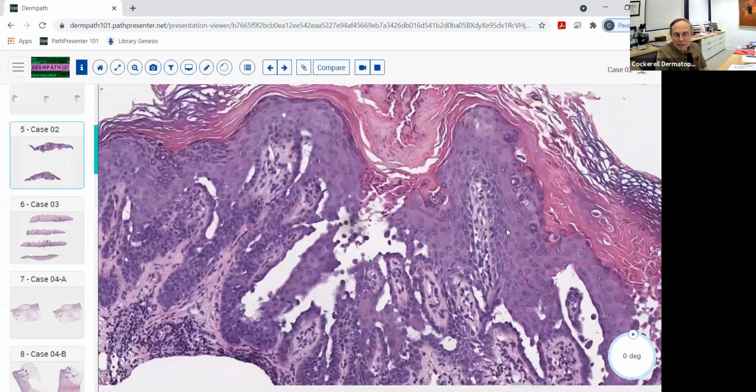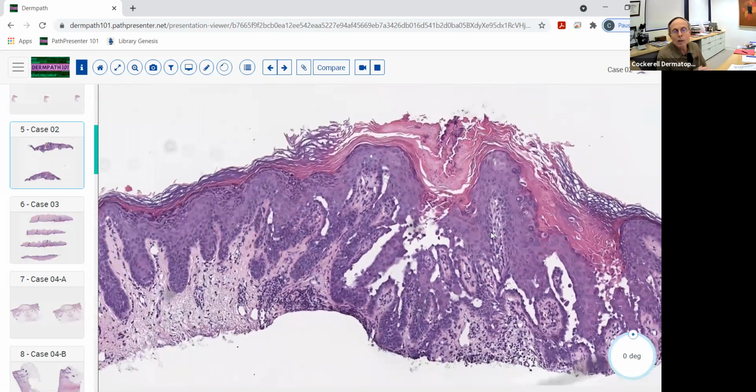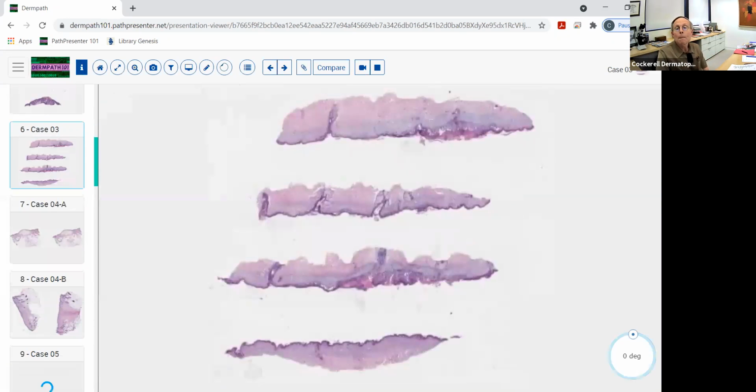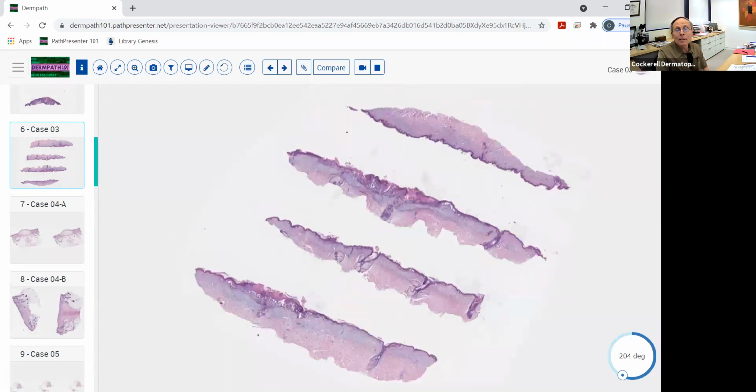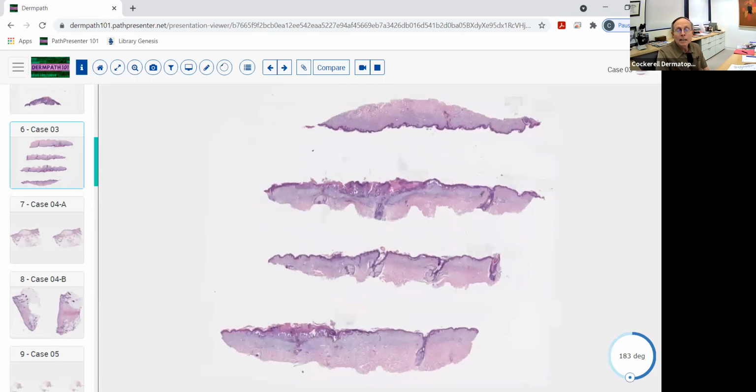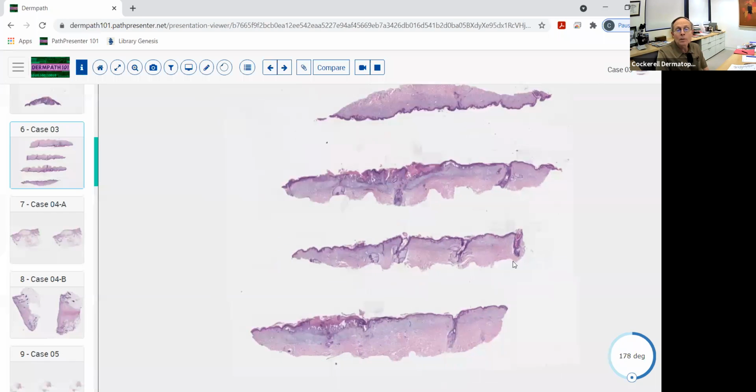So it's not specific for Darier's. It can be seen in any of the situations where there's acantholytic dyskeratosis, but realize that that's a syndrome, autosomal dominant Darier's disease. Okay. The next one also gives you an intraepidermal acantholytic process. And we'll look at the bottom one here.